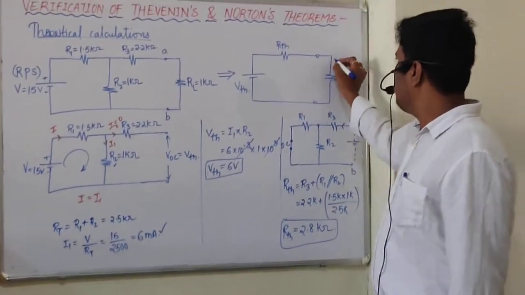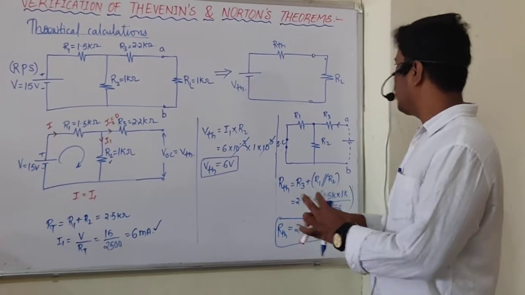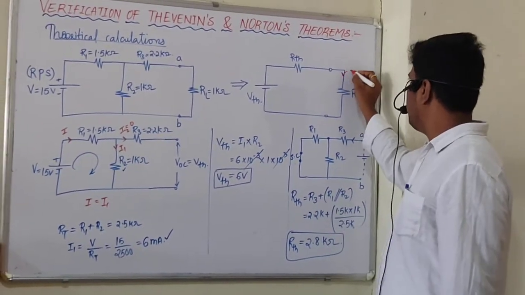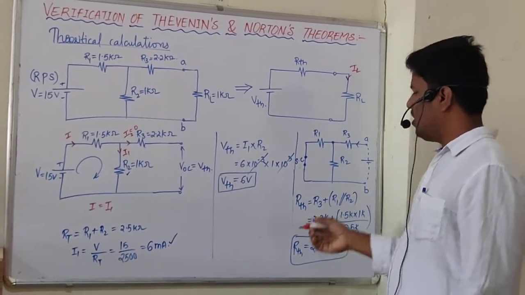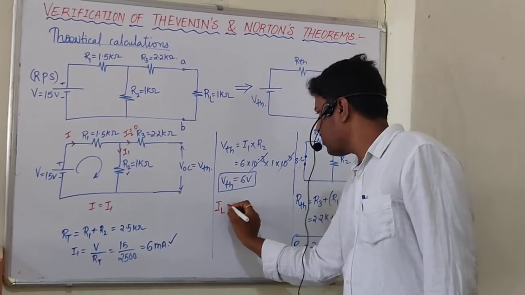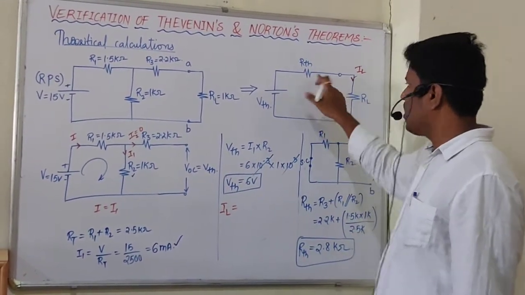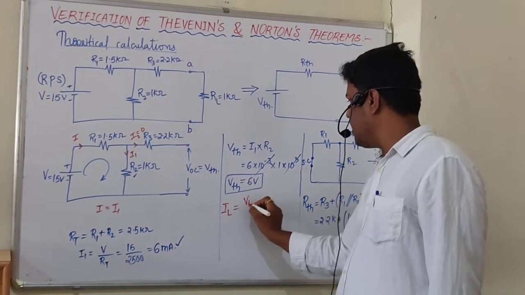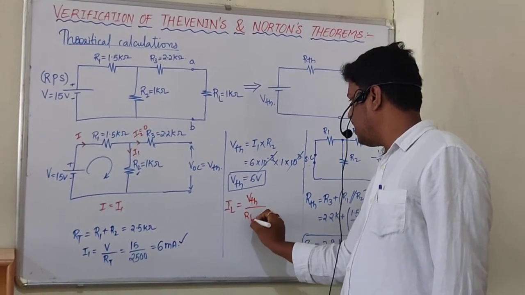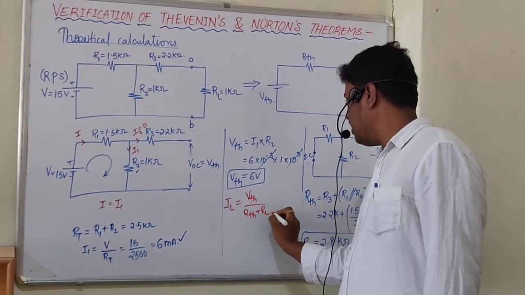Finally we can calculate what is IL. IL is equal to, say these two are connected in series, so VTH by RTH plus RL.